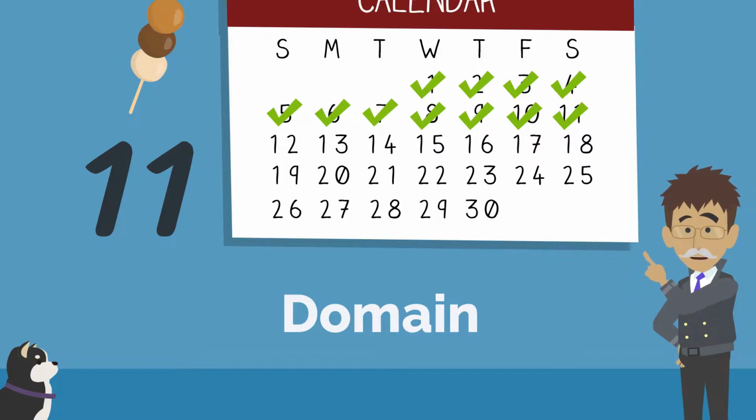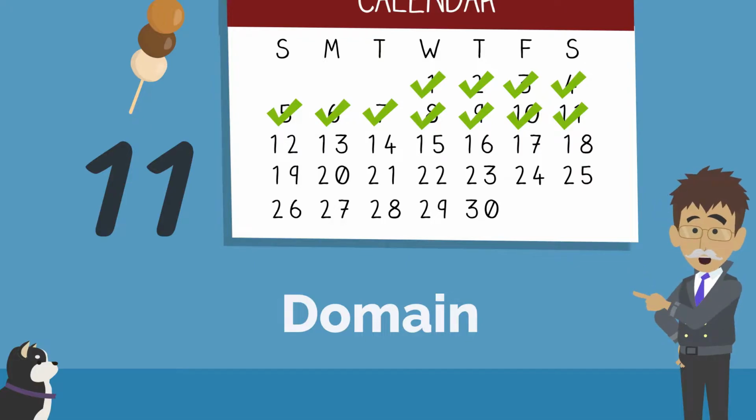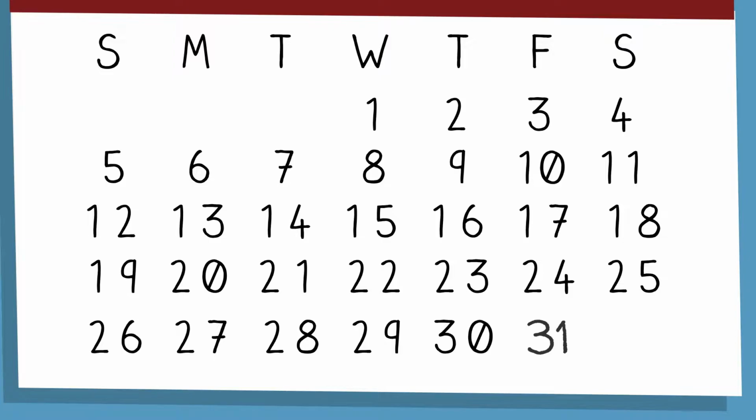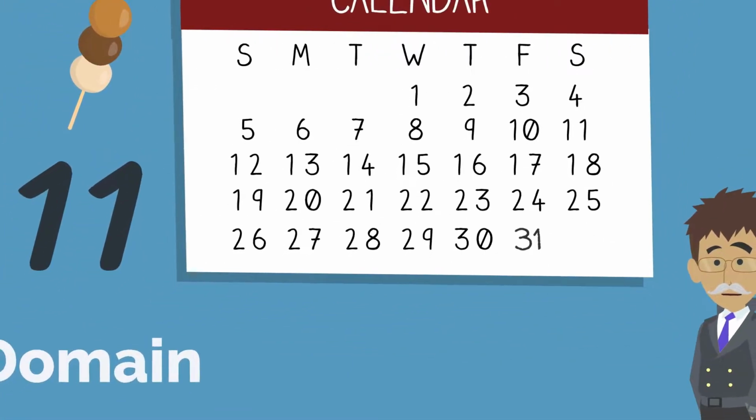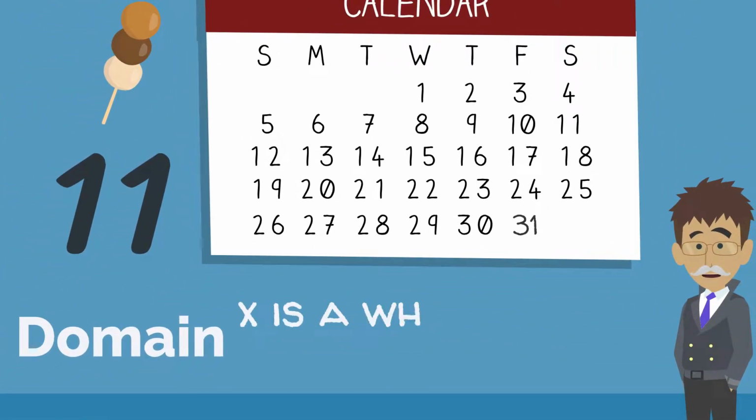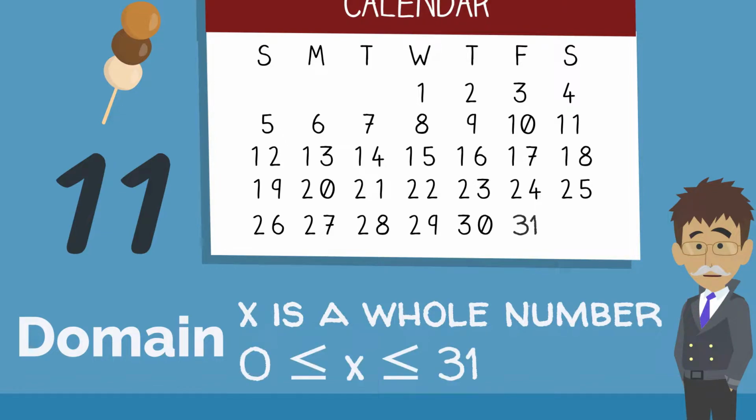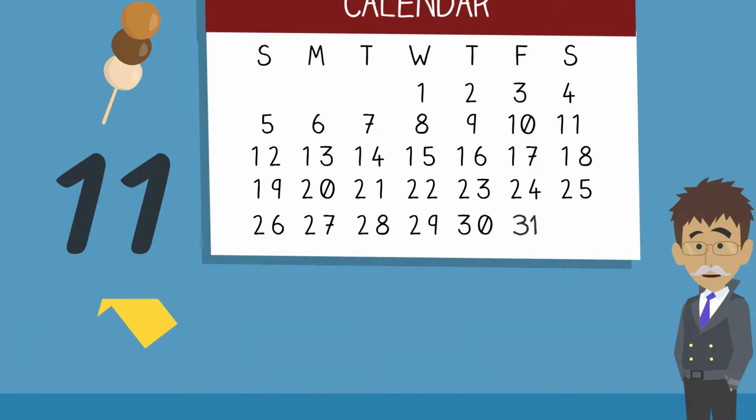In the case of Random's monthly treats, the domain represents the possible values that can be put into the function. The only numbers that make sense are the whole numbers from 0 to 31. We can say the domain is all the whole numbers greater than or equal to 0, but less than or equal to 31.